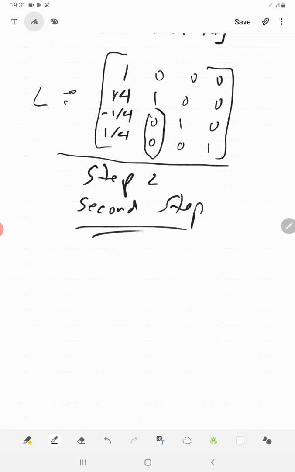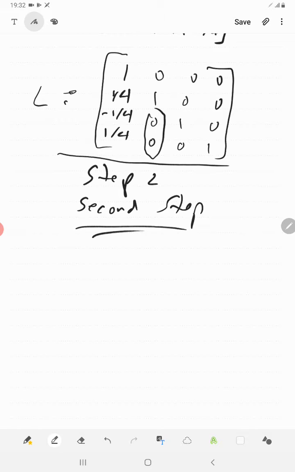Now you see that L is a full lower triangular matrix with diagonal elements equal to 1, and off-diagonal elements are there. All the upper elements are 0 because we did not interfere with them. And in the upper triangle, you have this 0 from the first step, this from the second step, and this from the last step, the third step.